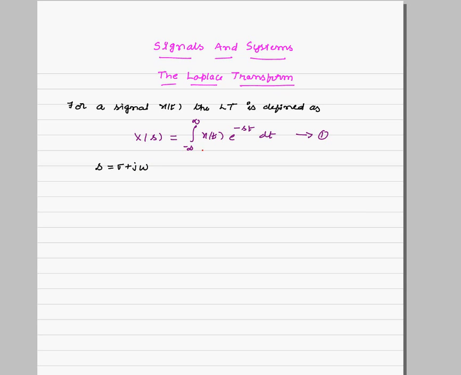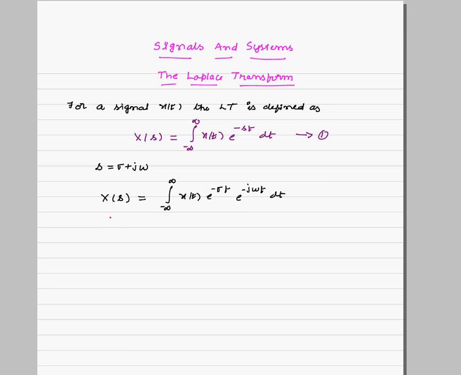So let us substitute this s in equation 1. What do we get? The left hand side we keep as X of s, which will be equal to the integral from minus infinity to infinity of x of t into e power minus sigma t into e power minus j omega t dt.